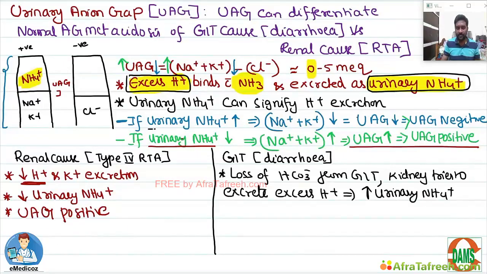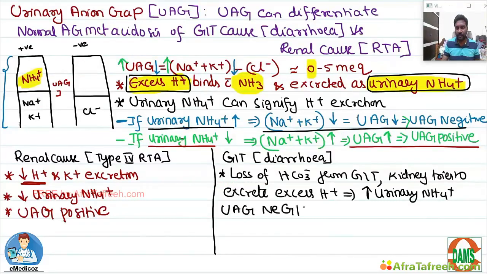So whenever urinary NH4 plus is increased, these are the sequence of events. What happens to urinary anion gap? It will become negative. So as the name indicates, in GIT cause urinary anion gap will be negative.